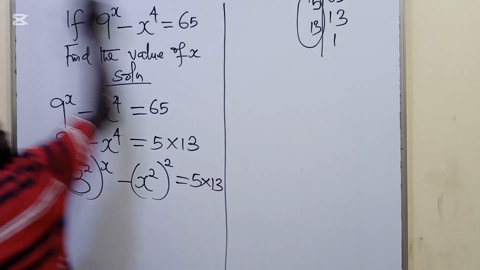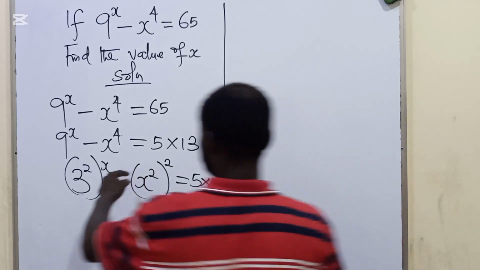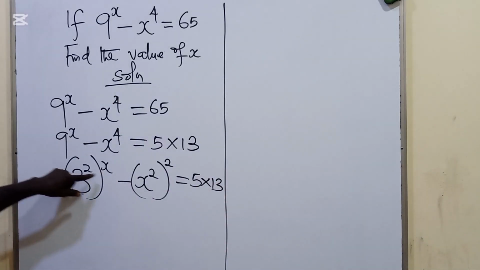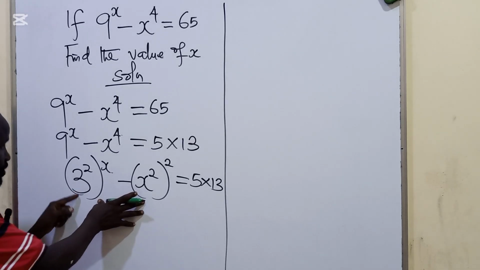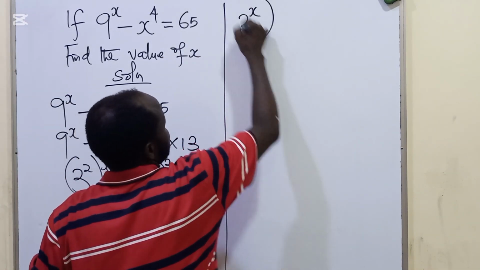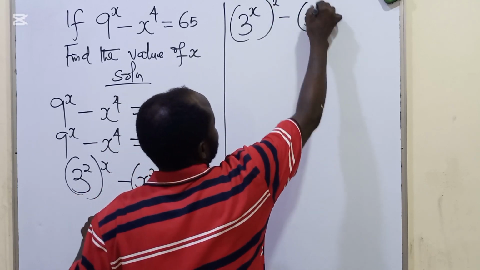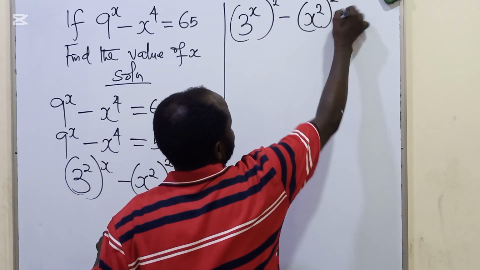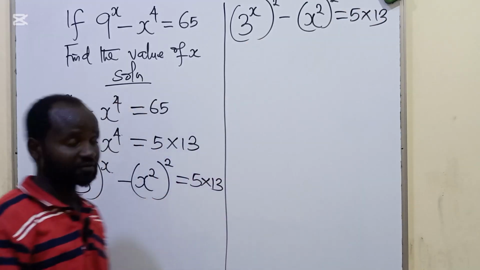Very important. From here, I can bring in this x and take 2 out so that I can apply difference of two squares. So I can write this as (3^x)^2 − (x^2)^2 = 5 times 13, from the power law of indices.